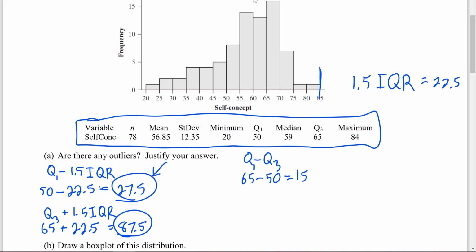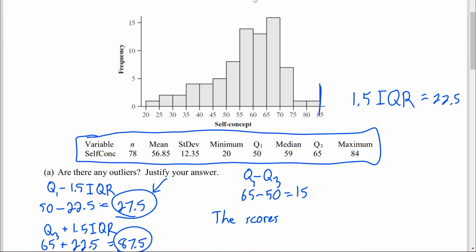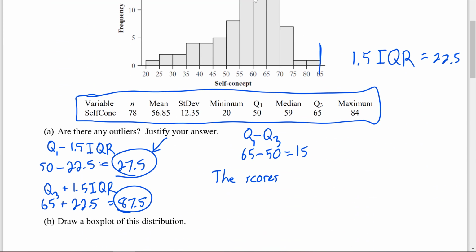So I would say that the scores of 20, 26, and 27 are outliers. Okay. And as far as the justification, doing the work, all the calculations, that is your justification.